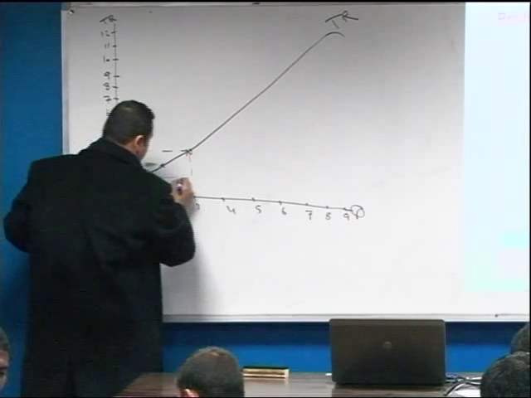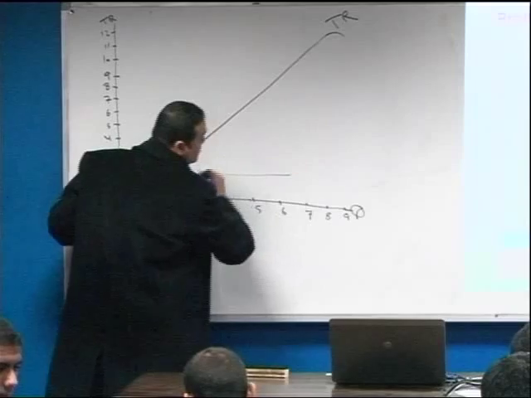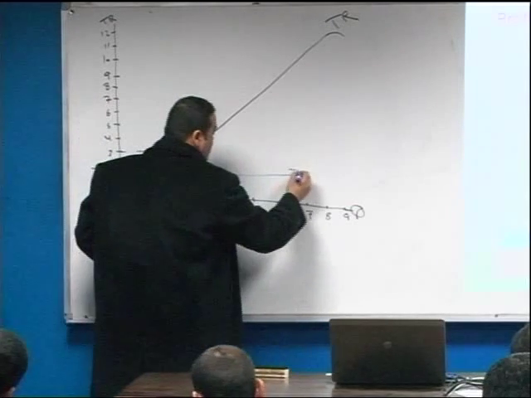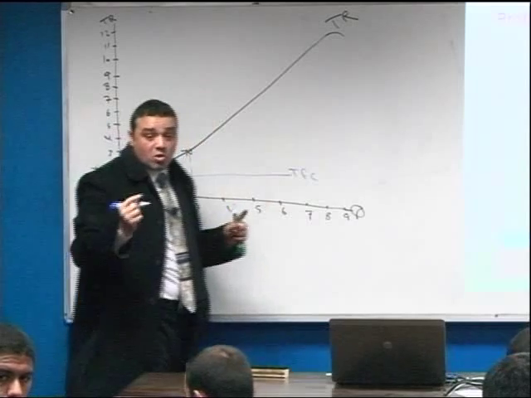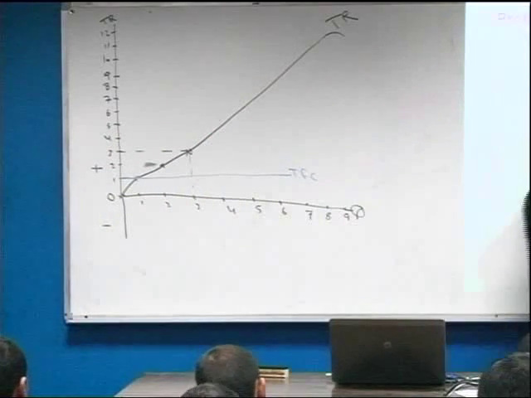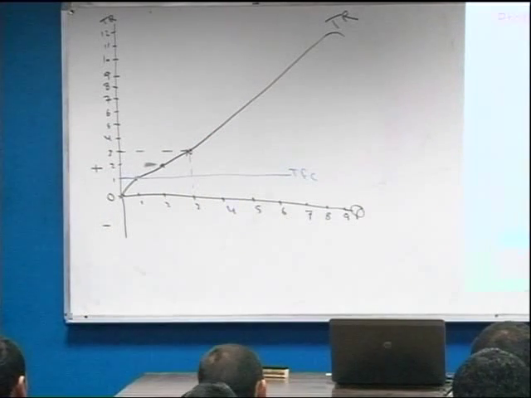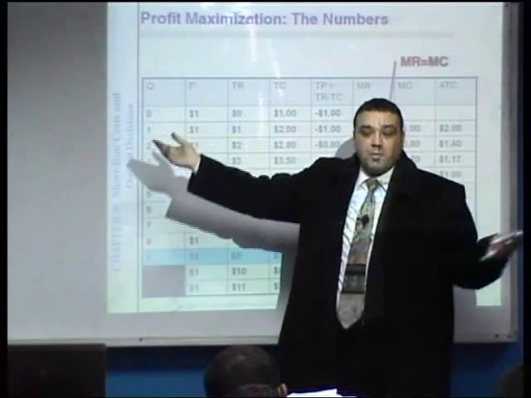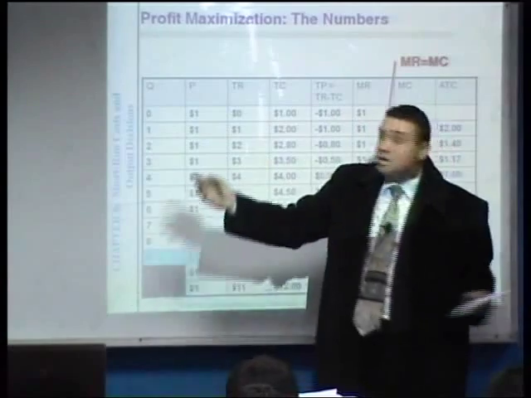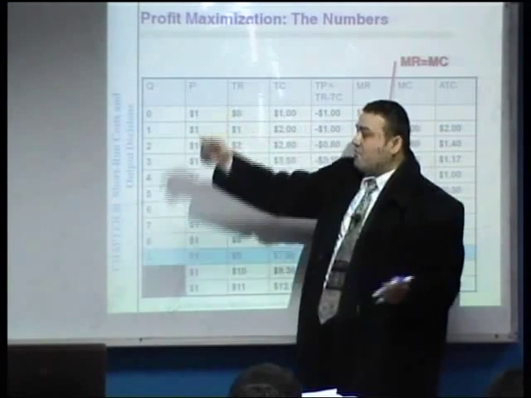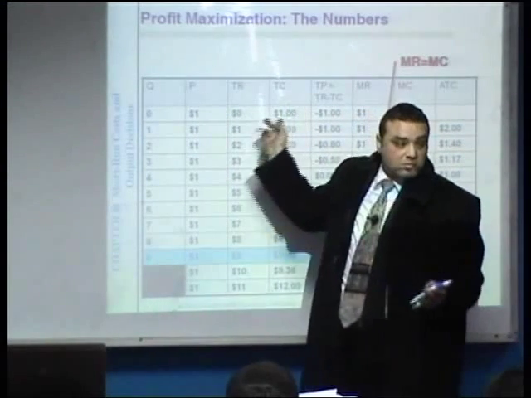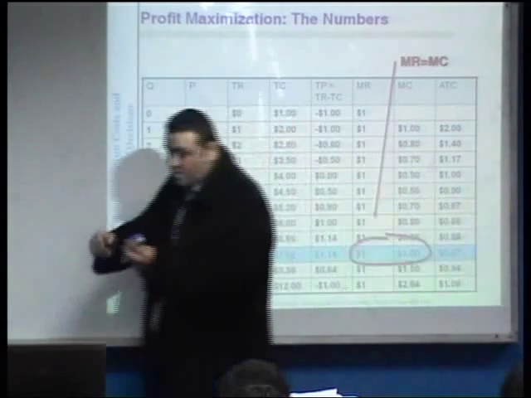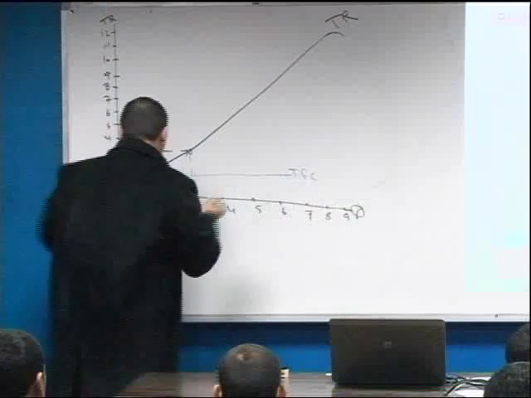This is the total fixed cost, right? Because the total fixed cost equals the total cost when the quantity equals 0. If we produce nothing, the total cost equals the total fixed cost. Right? And in this case, the total cost starts from this point.